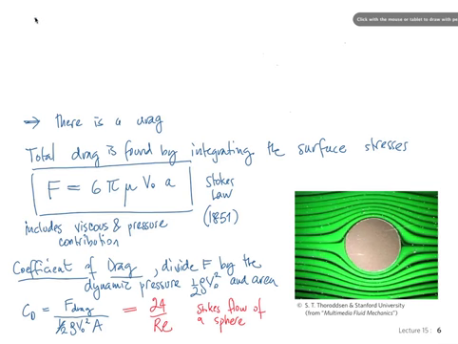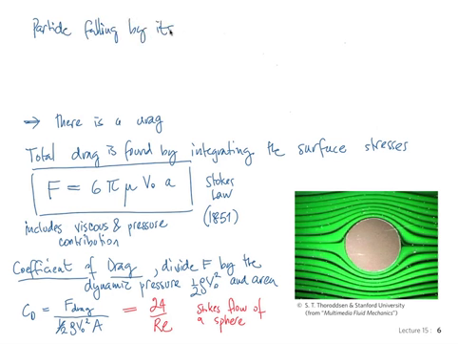So suppose that the particle was actually falling by its own weight. Then you'd have the weight of the particle and a drag force, F of drag, and weight. And because this is falling at a constant velocity, these must be in complete balance.